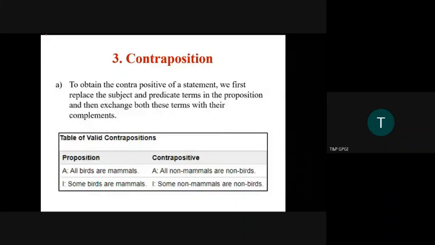So see, all birds are mammals. तो क्या कर दिया? All non-mammals are non-birds. That means we interchange these two and we also take the complement of each. Mammals लिखा था तो non-mammals कर दिया, birds लिखा था तो non-birds कर दिया.